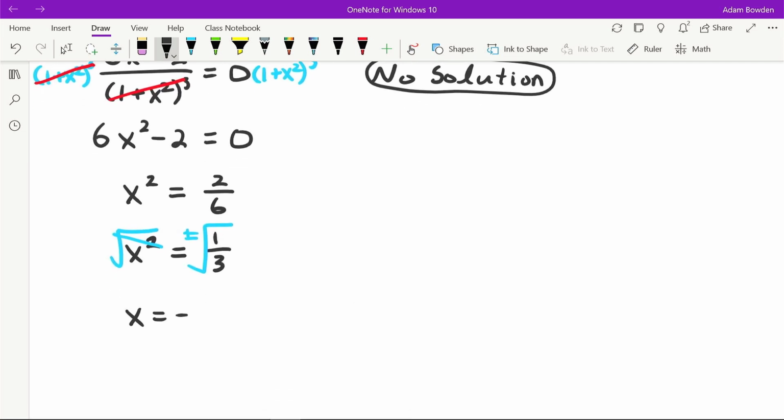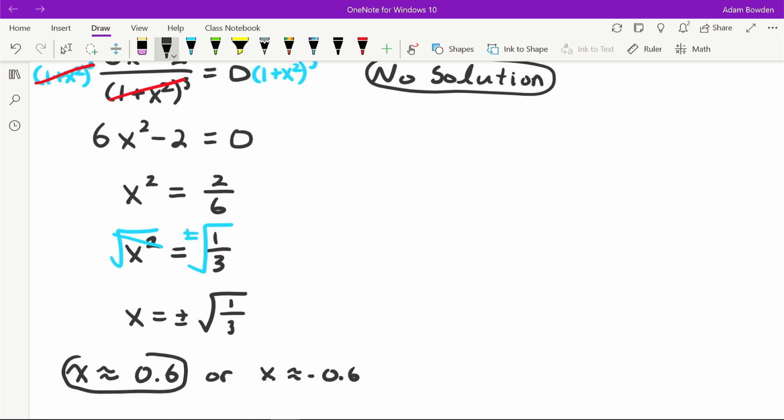X equals plus or minus the square root of 1/3, which is not a very even number, let's say. It's actually a decimal, and I plugged it in and just took the square root of 1/3 in the calculator. I got 0.6, or for negative, approximately negative 0.6.